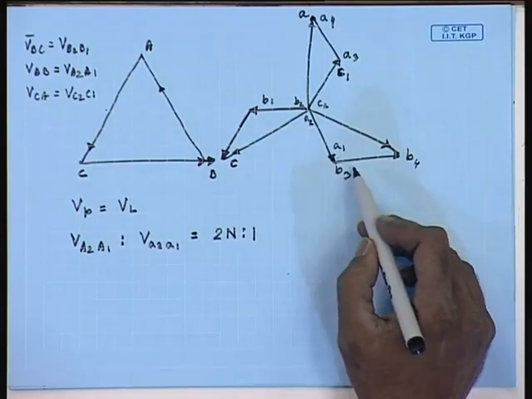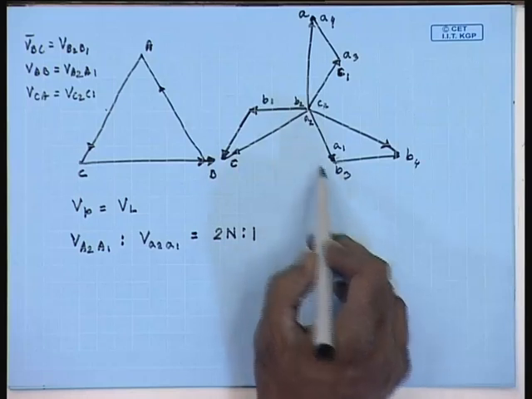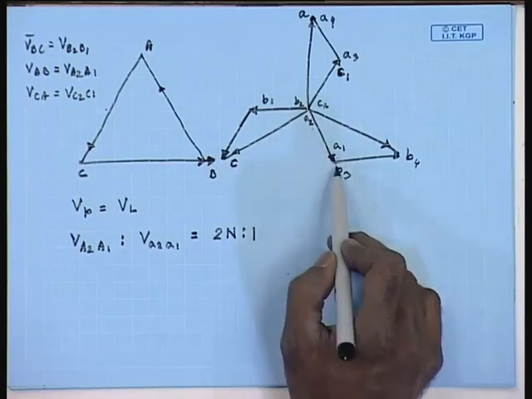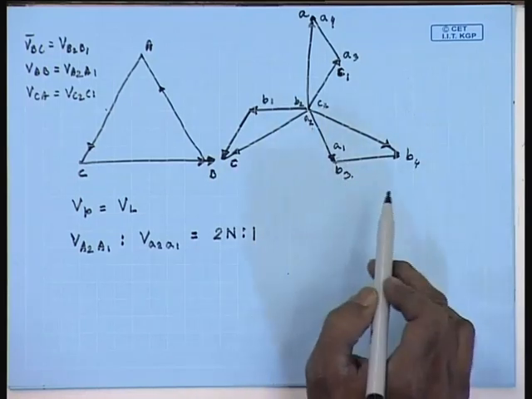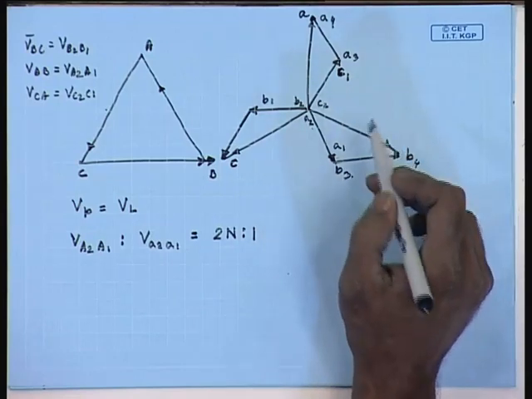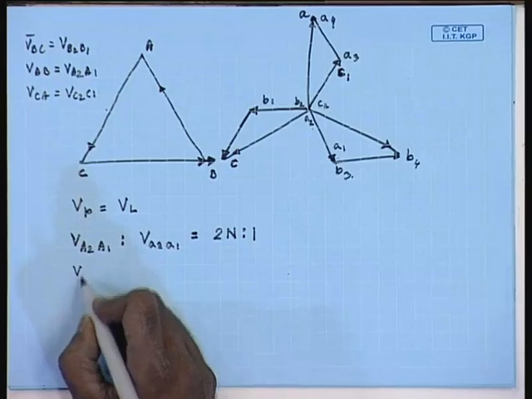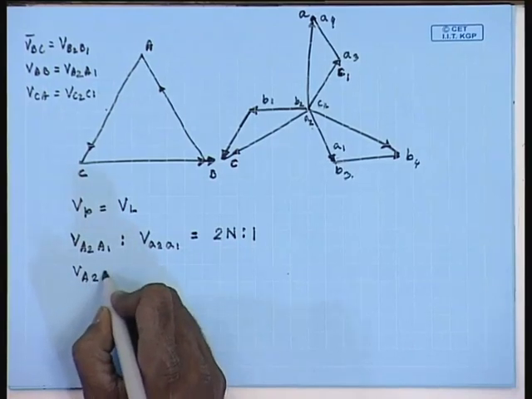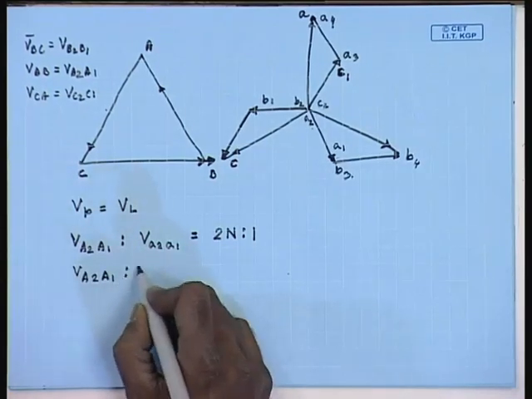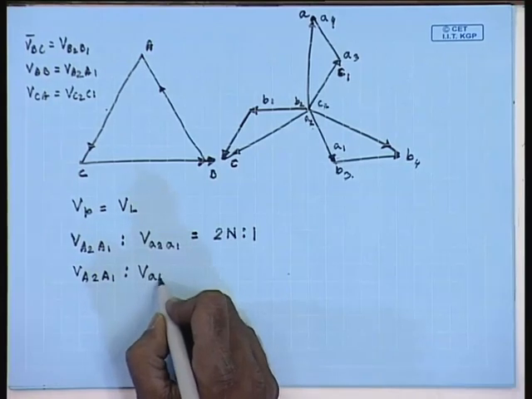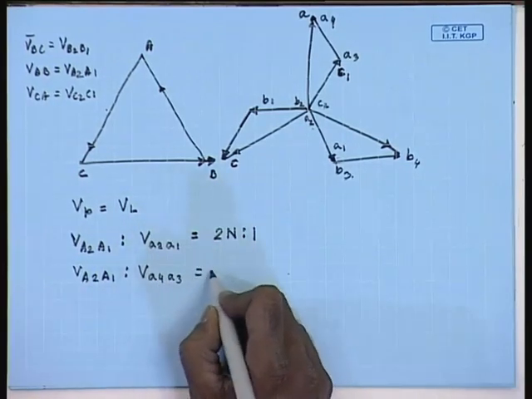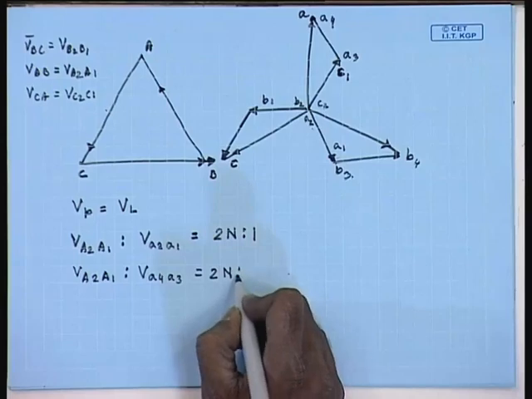From this phasor diagram, since the magnitudes of A2 A1 and B3 B4 are similar, also V A2 A1 is to V A4 A3 is also 2n is to 1.